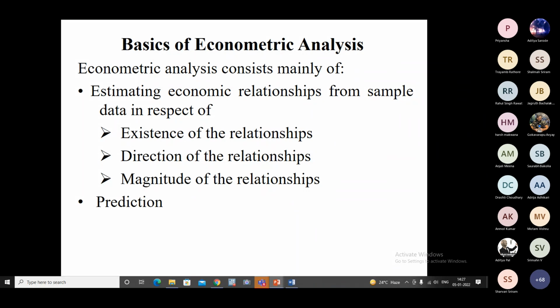But in econometric analysis 1, our primary focus would be on estimation of the model or the models, and then examining the relationships. Okay.